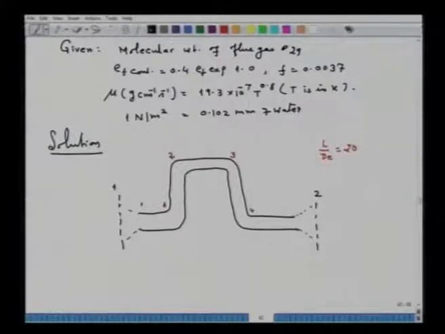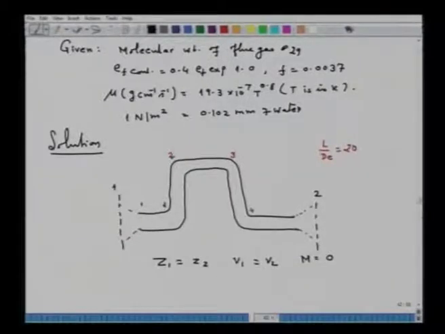So straight away we have to apply the mechanical energy balance, section 1 and 2. What we note, say since the fluid is horizontal, so Z1 is equal to Z2, V1 equal to V2, since the velocity are extremely small, there is no pump, so M is equal to 0.